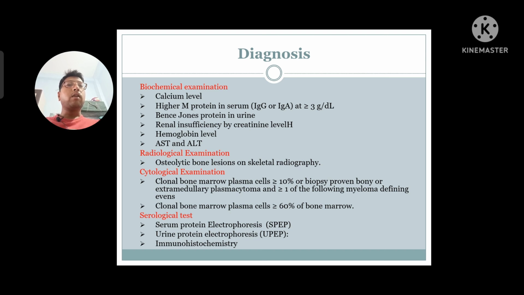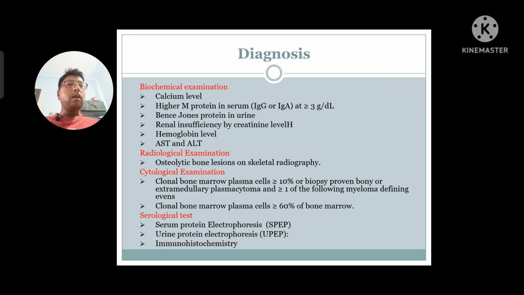Next is the cytological examination. In the cytological examination, clonal bone marrow plasma cells are more than 10%, or biopsy-proven bony or extramedullary plasmacytomas are more than 1%. So in almost 100% of cases of myeloma cells, more than 10% are bone marrow originated, and about 1% are extramedullary plasmacytomas.